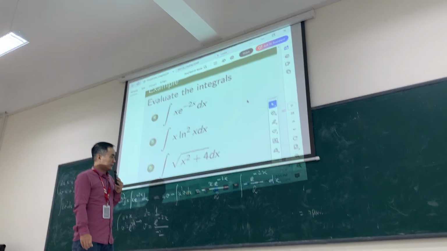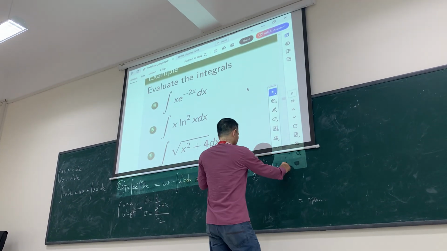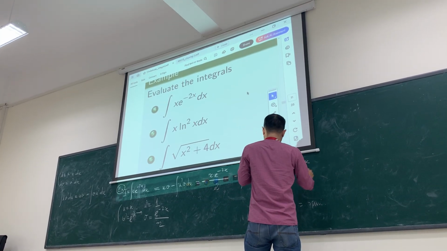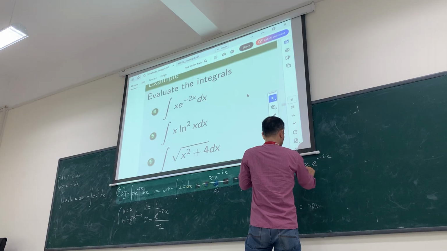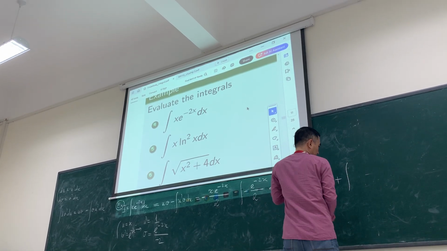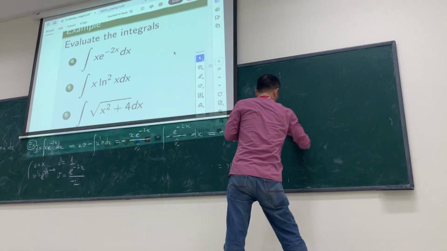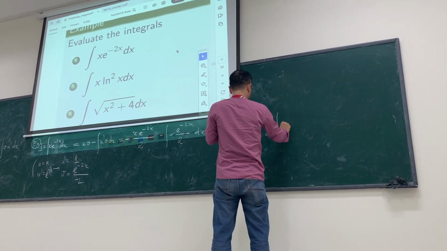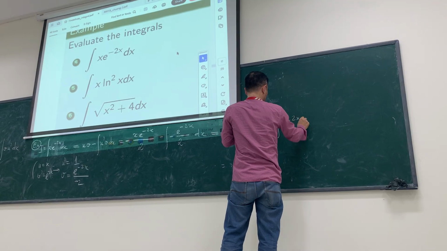So continuing, we reduce the formula here, plus 1 over 2 times the integral of exponent minus 2x dx.